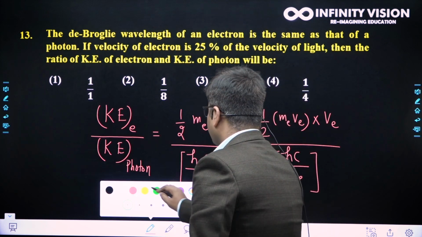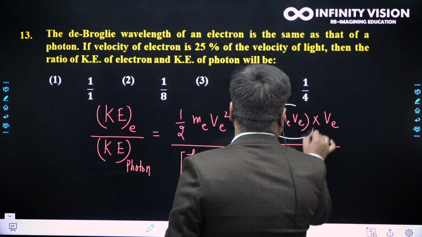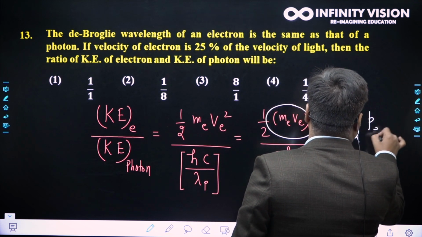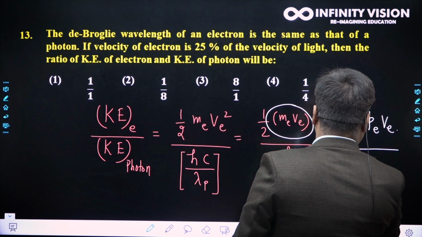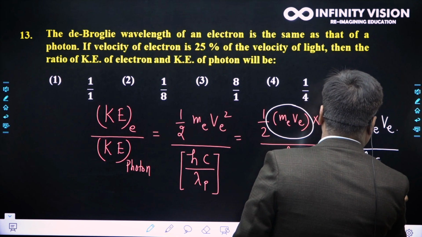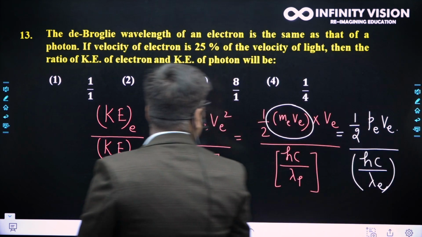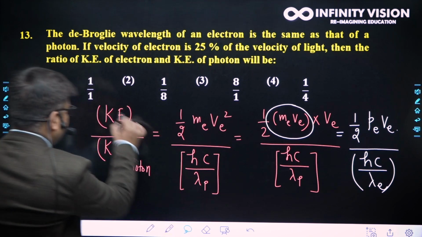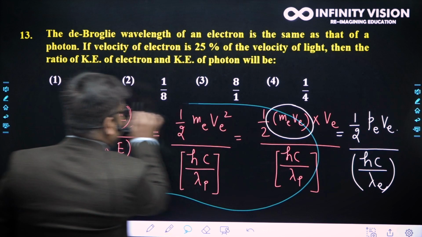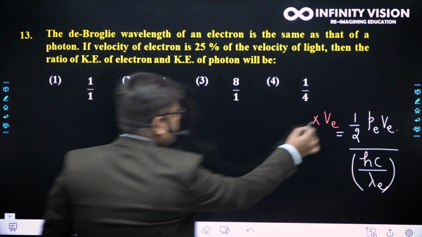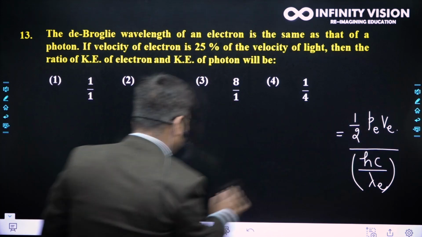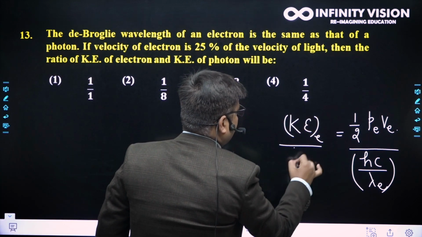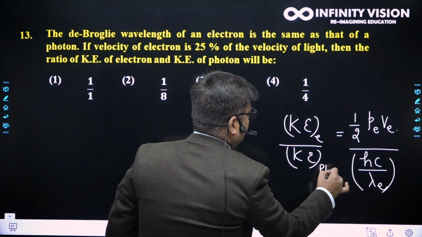Now this particular expression is nothing but momentum of electron. So we can write half p electron v electron, and here we can keep it as hc by lambda e. So this is the final expression that we are getting. Now I am deleting this portion and keeping this as the expression of kinetic energy itself. So this is kinetic energy of electron upon kinetic energy of photon.